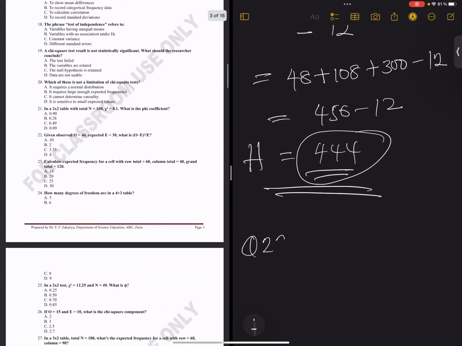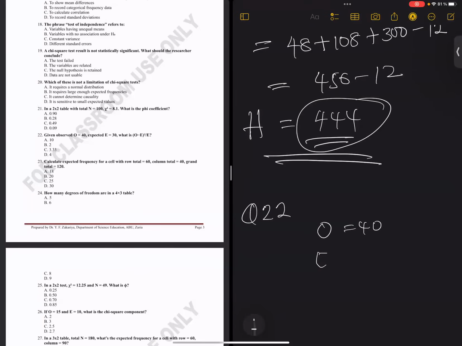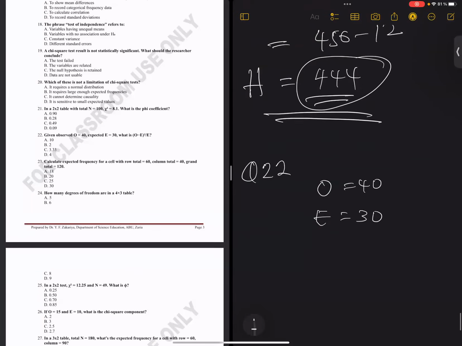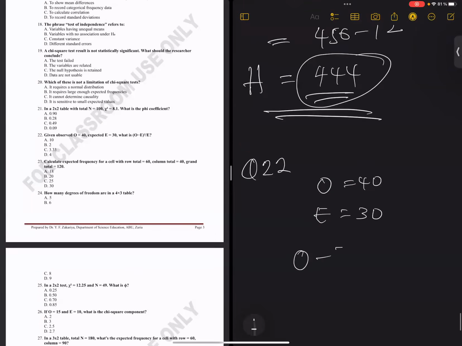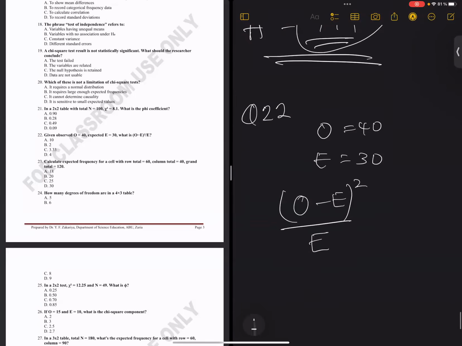22, okay. So you have O is given to be 40. E is given to be 30. Then you have to find O minus E squared divided by E. Very simple. What is O? 40 minus E, 30.